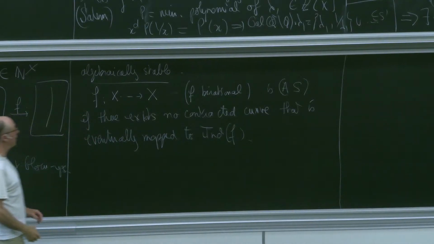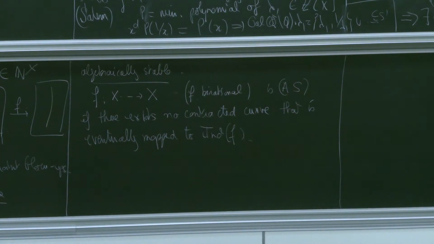So your map is algebraically stable if you don't see this phenomenon. If you don't have a curve contracted to a point and mapped eventually to the indeterminacy locus.